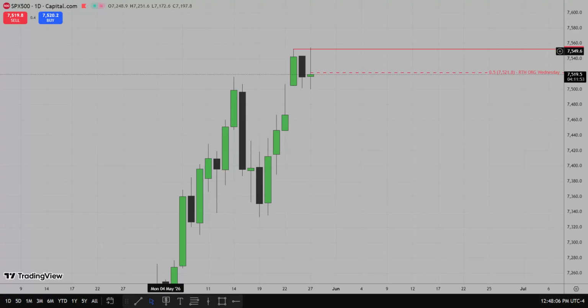There is internal liquidity and there is external liquidity. So you have to know the difference. Your entries should be from internal liquidity to external liquidity. So in the rebalancing that price is doing, we are able to observe it taking engineering and seeking liquidity. Okay, so I was talking about order blocks.